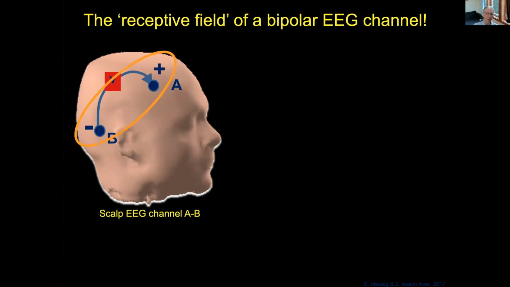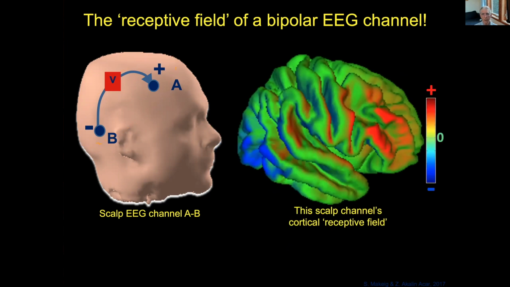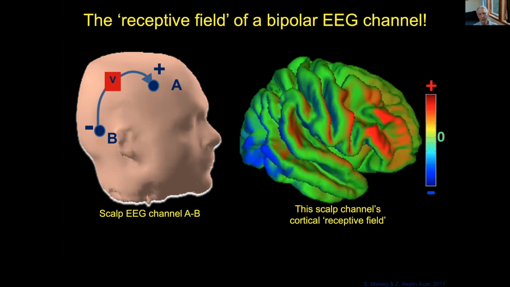Actually, it is recording the difference in potentials, the sum of all potentials arriving at A minus the sum of all potentials arriving at B. Well, what cortical territories produce such potentials? And here's the answer. Every piece of cortex in this picture that's not bright green projects voltage to channel AB.